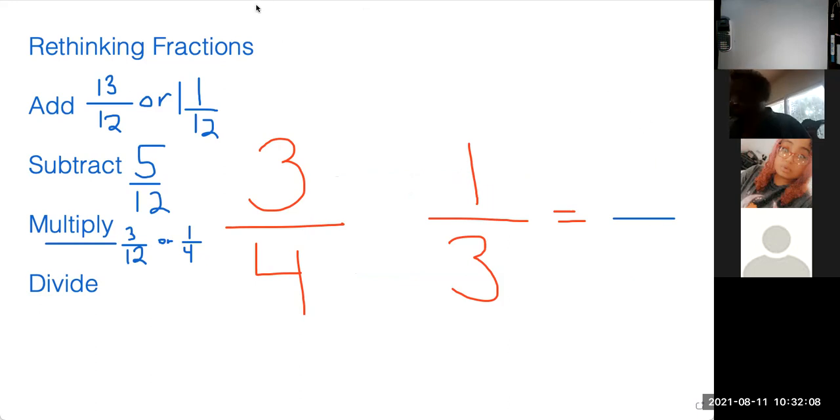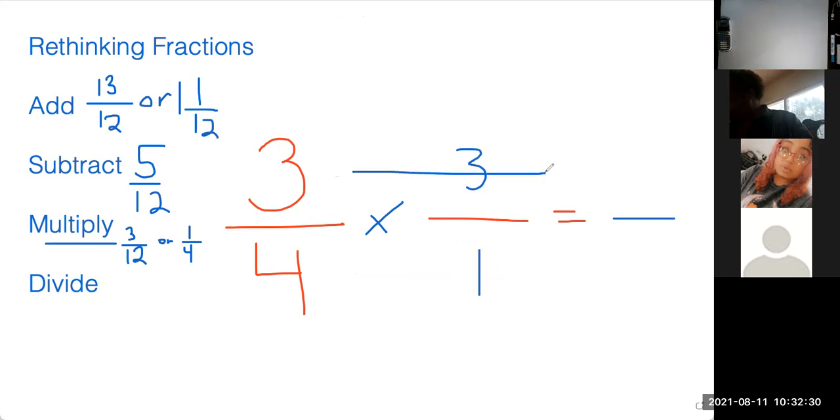If we were dividing, we do keep, change, flip. We keep 3/4 the way it is. We change this to times. We flip this over real quick.